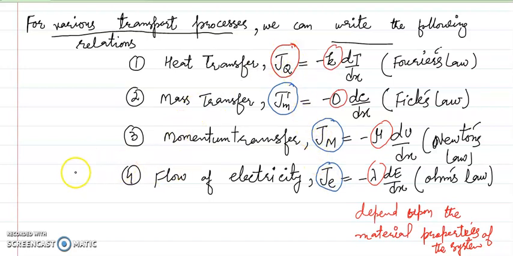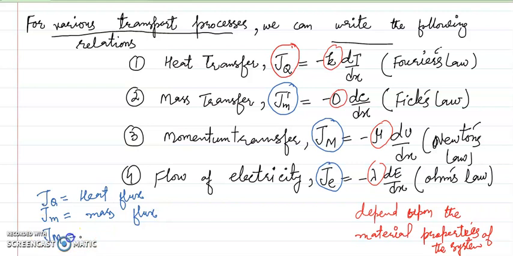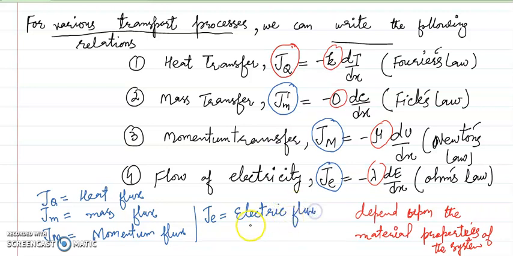So here J_Q is called heat flux, J_m will be mass flux, J capital M will be momentum flux, and this J_E will be electric flux, or you can say electric current.